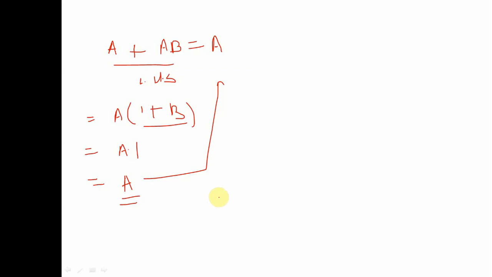Now I am taking another simple example: Y equals, in the first bracket A plus B, and in the second bracket A plus C. To solve this, solve step by step.